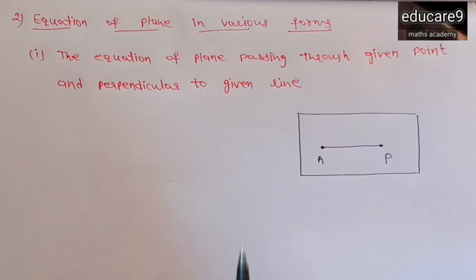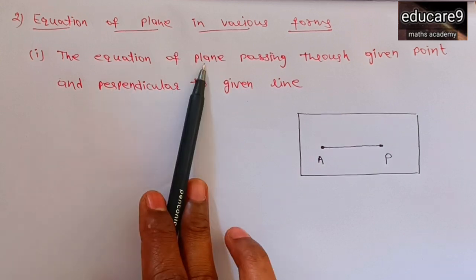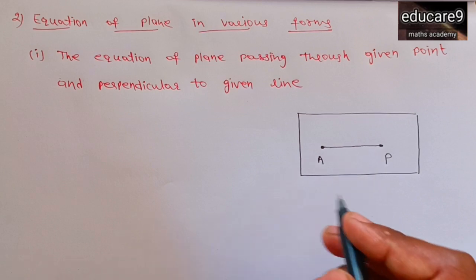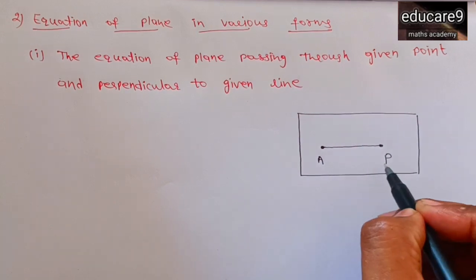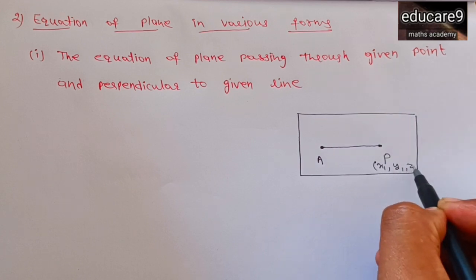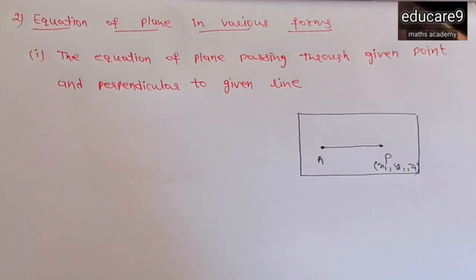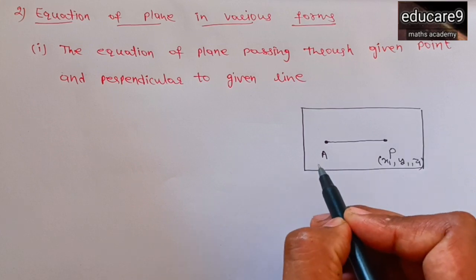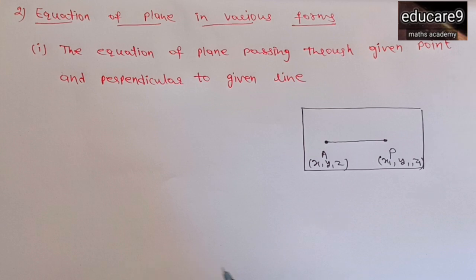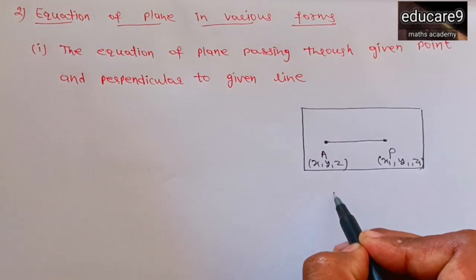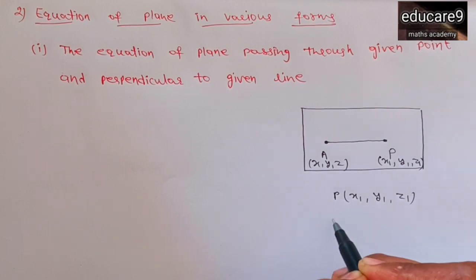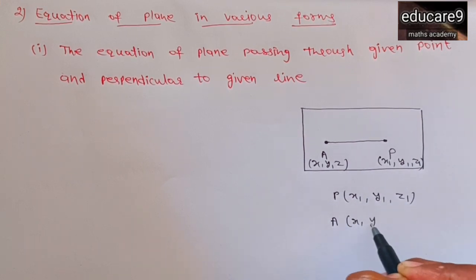Now what is the condition here? The equation of the plane passing through the given point. Let us consider the point P as x1, y1, z1, and the point A as x, y, z.